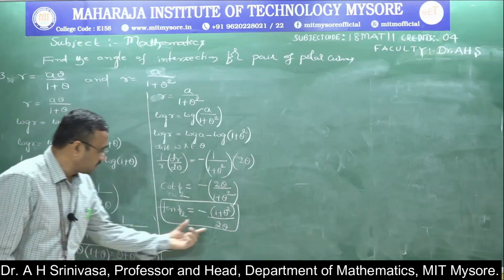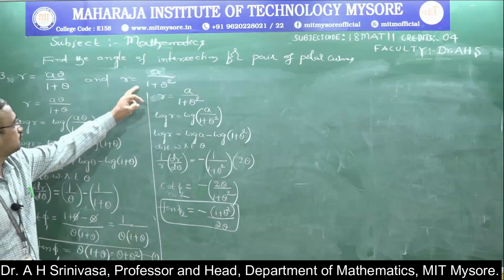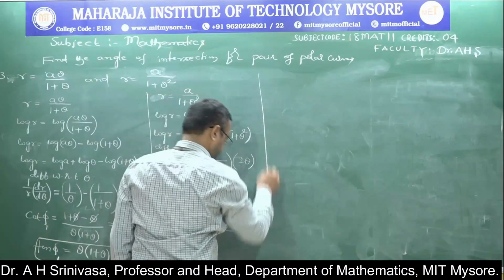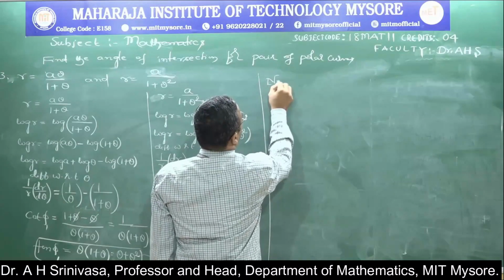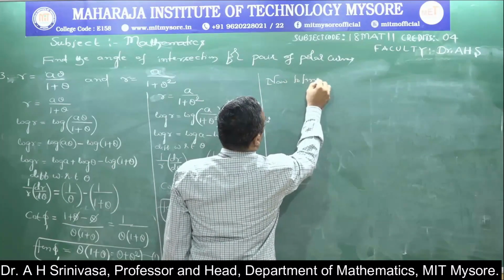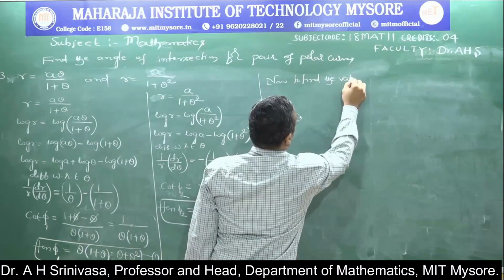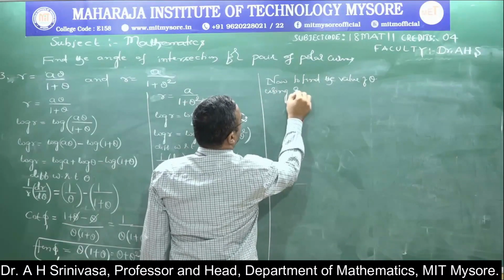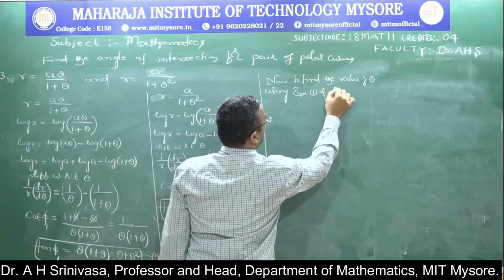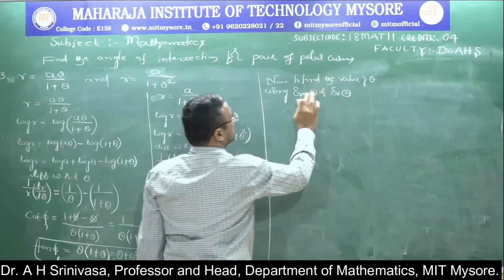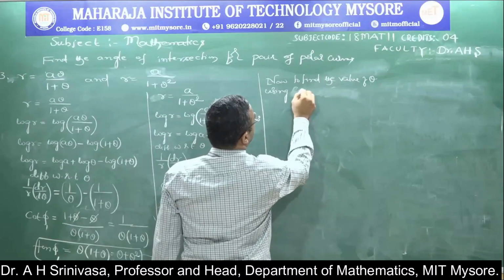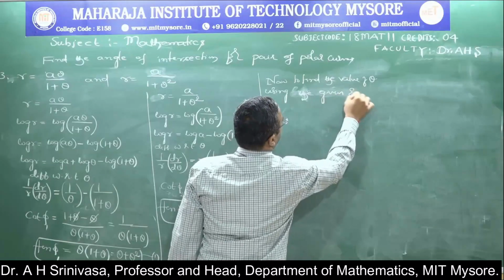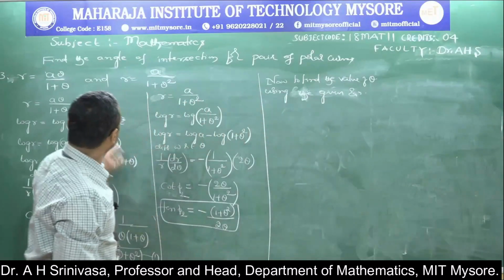So now I am going to find out the value of theta. Now equating these two equations, find out the value of theta. To find the value of theta, using the given equations, not equation 1, using the given equations. What are the given equations?